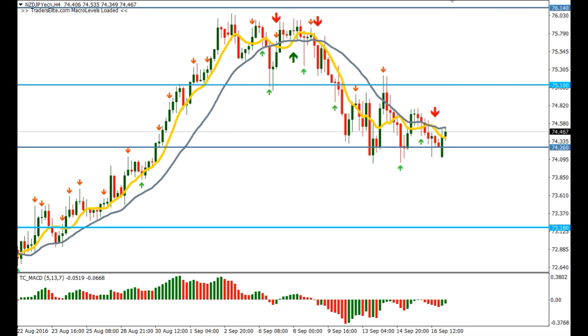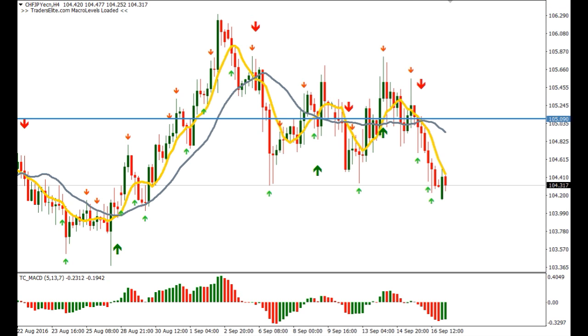So yes, I'd be looking at going long, but the Kiwi has been experiencing some falls, and it's fairly typical for the Aussie and the Kiwi to experience small rallies at the beginning of the week. So I'm not convinced with this currency at this particular time, so it'd probably be on the sidelines.